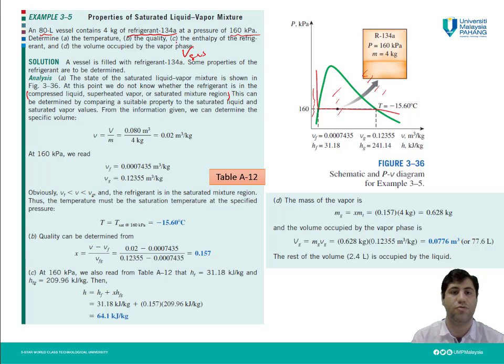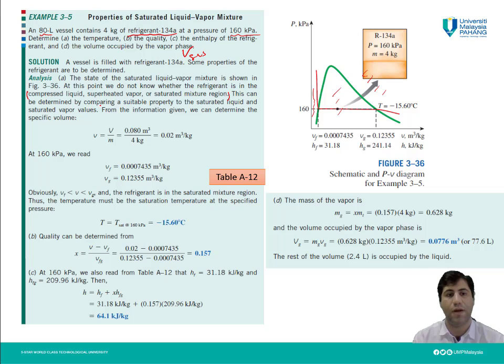But according to this information, we don't know in which region the state of this substance is. How can we determine the state or region in which this material with these properties is located?